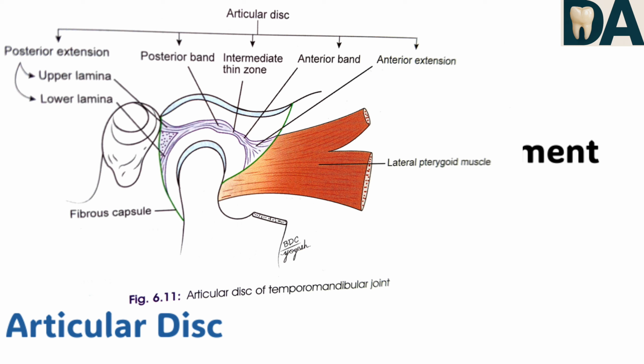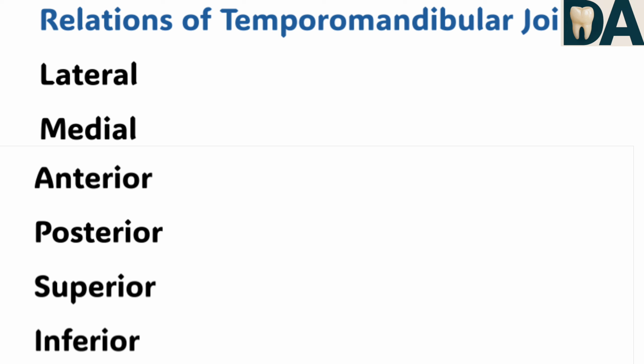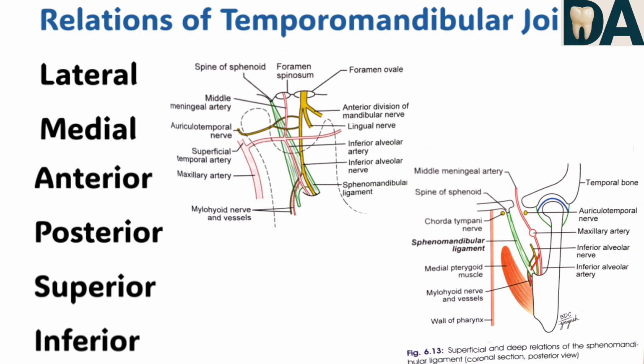The upper lamina is attached to the squamotympanic fissure and is made up of fibroelastic tissue, and the lower lamina is composed of fibrous non-elastic tissue and is attached to the back of the condyle of the mandible. Now go to the relations of the temporomandibular joint.